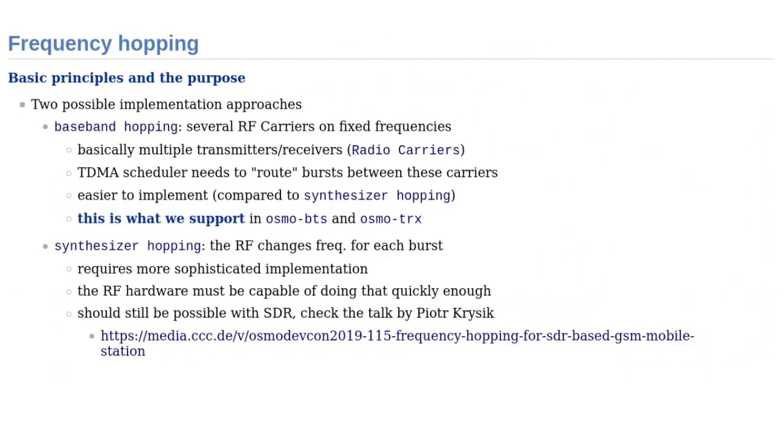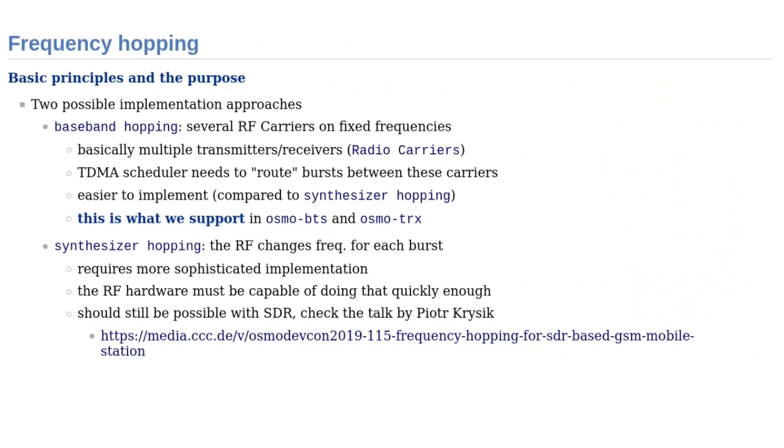When it comes to implementation of frequency hopping, there are two main approaches. One of them is baseband hopping, where several RF carriers just stay on fixed frequencies and do not change the frequency. So basically, you have multiple transmitters and multiple receivers, and in the terminology of 3GPP, they are radio carriers.